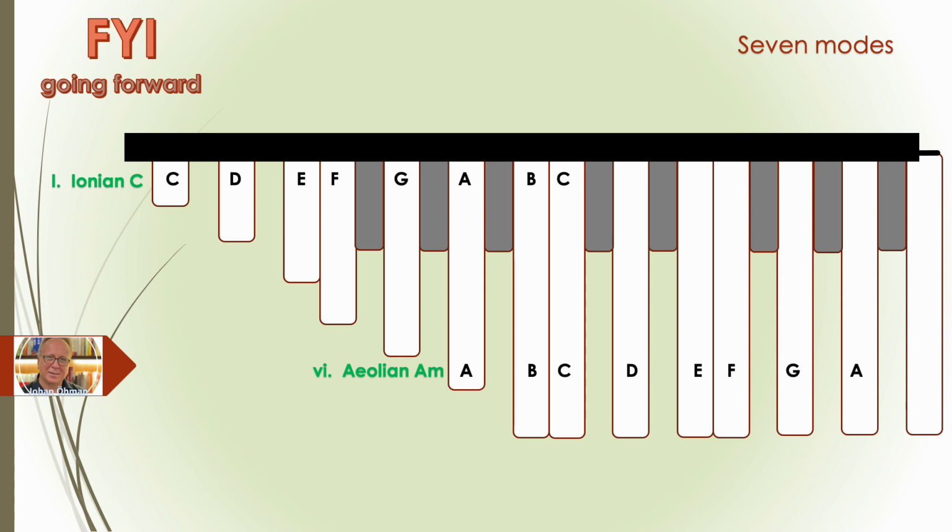Ionian is the major scale, and the Aeolian is the relative minor scale. That's the 6th one. And anything that we build from here will be built from the C major scale.